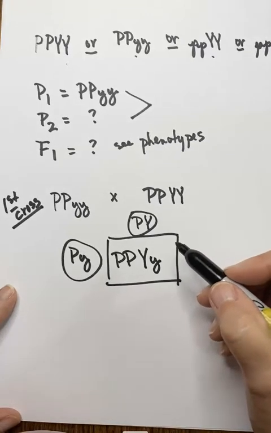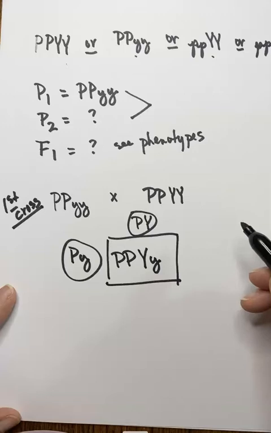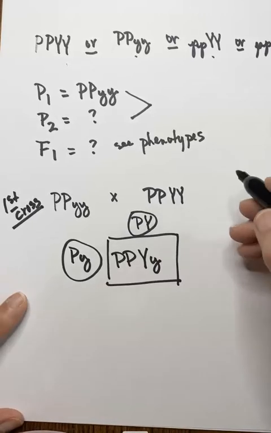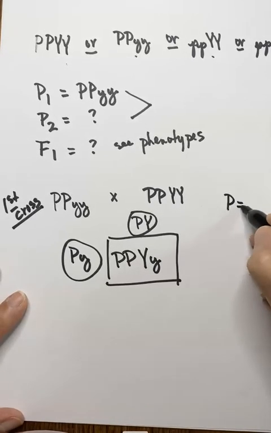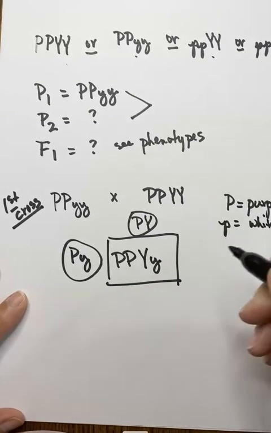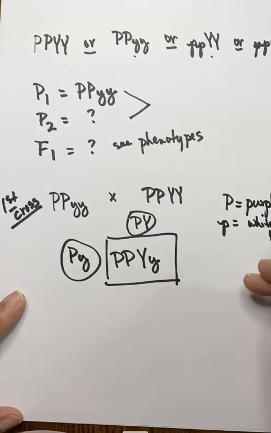All right, another thing that I want to tell you, because I don't know how you're going to figure this out, except, I don't know, magic. Capital P is purple stem. Little p is going to be a white colored stem.